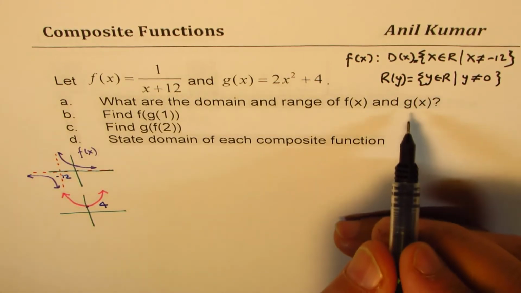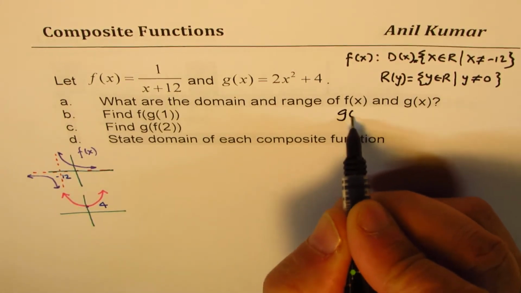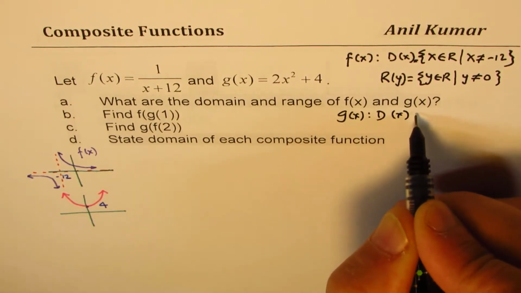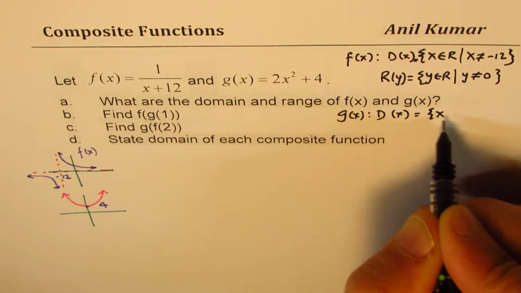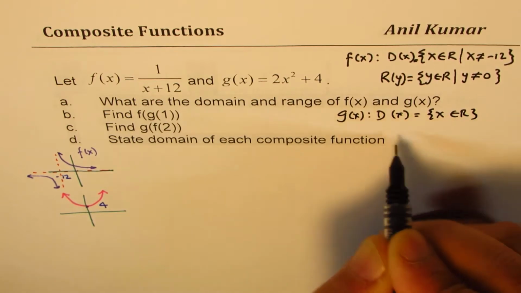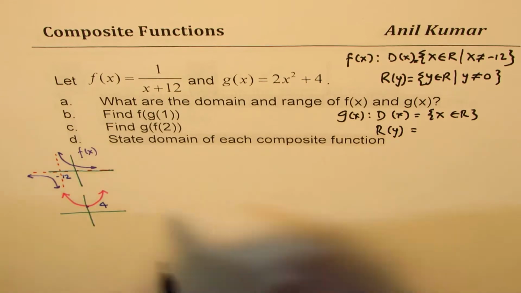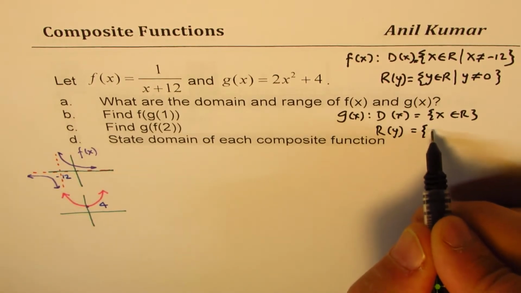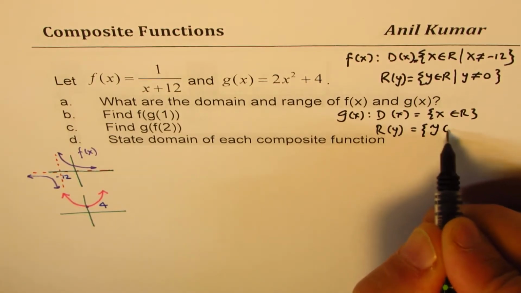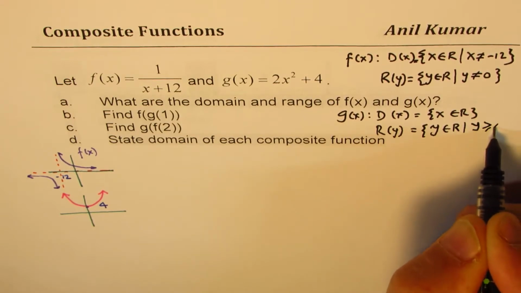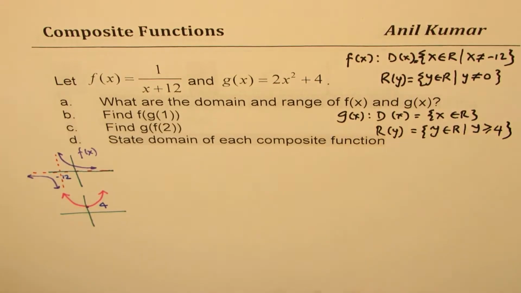As far as g of x is concerned, what we notice here is that the domain is all real numbers. There is no restriction. As far as the range is concerned, it is greater than or equal to 4. Perfect.